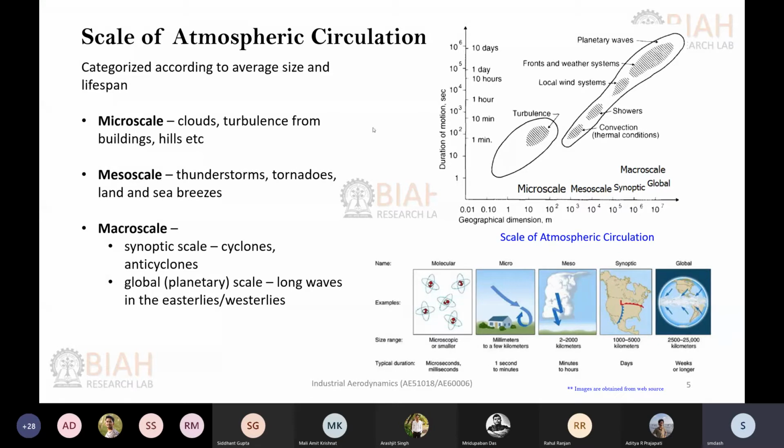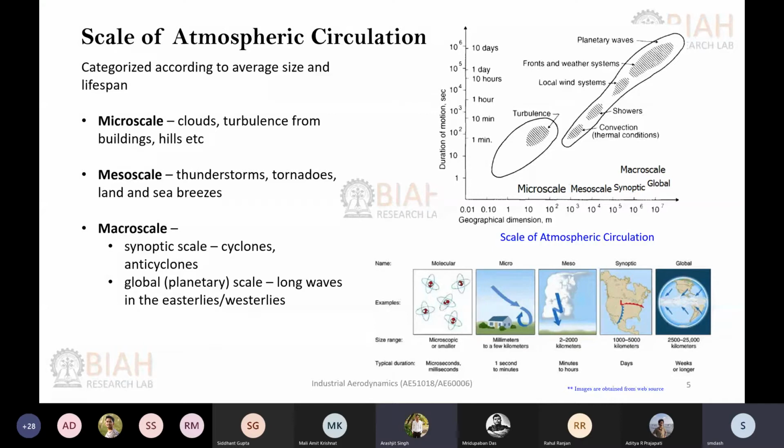It may happen within an hour or so. We're not talking about thunderstorms or tornadoes. These are small scale clouds, which can form when you have pollutants coming out from a chimney, or on summer days you may get a hot spot in a particular region, around building areas or around a riverside.